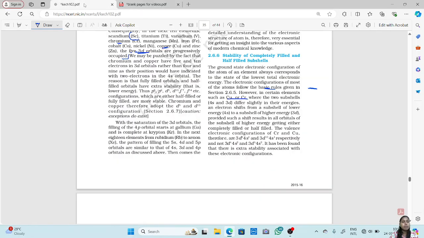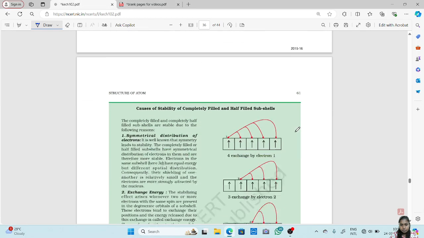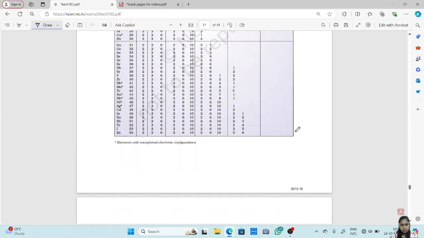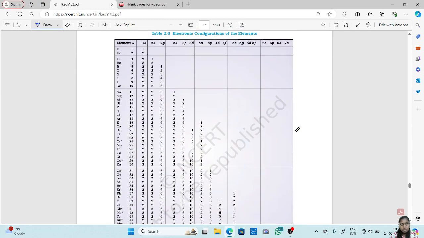For example, you can see here, these are the orbitals. Now here is chromium and this is copper. Chromium is 24 and copper is 29.